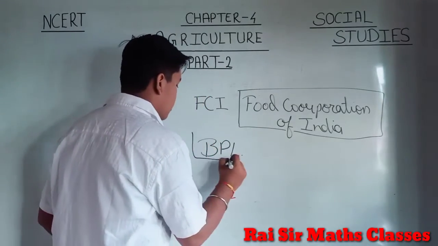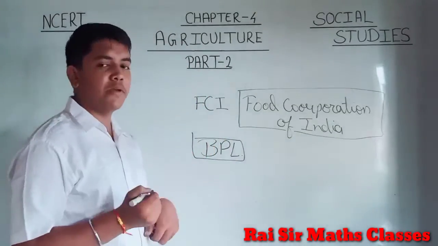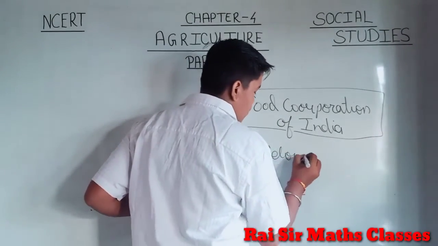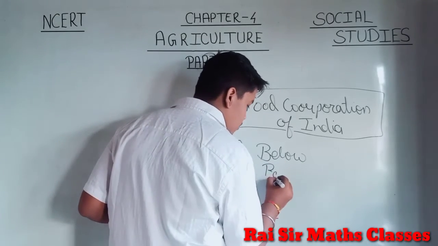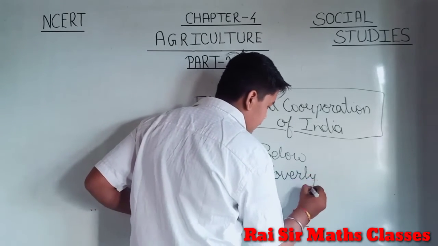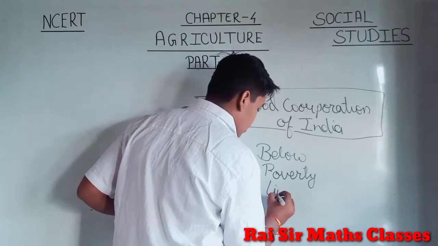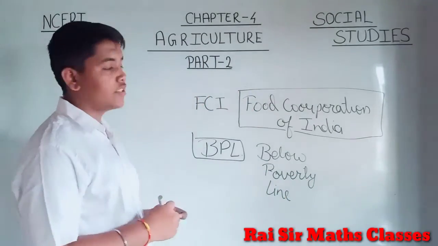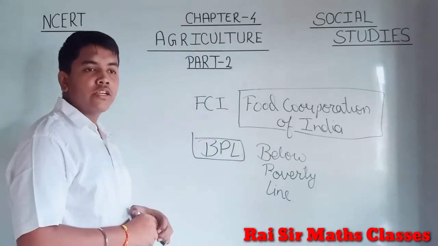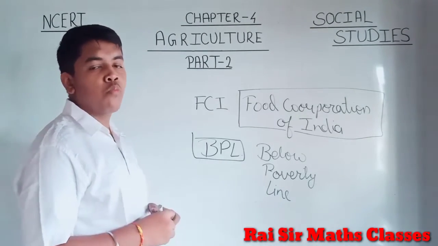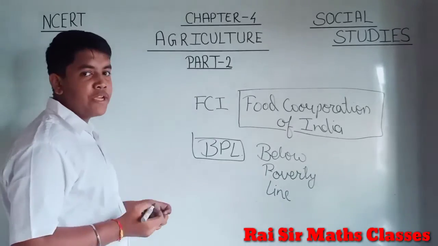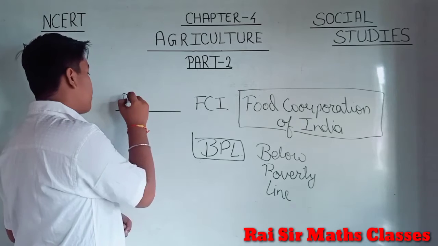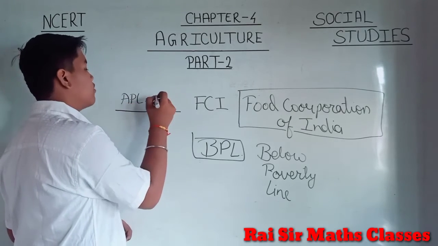the BPL system. Now what is this BPL system? BPL stands for below poverty line. So the government has decided that a person who is earning more than 45 rupees in a day is termed in the category of above poverty line.